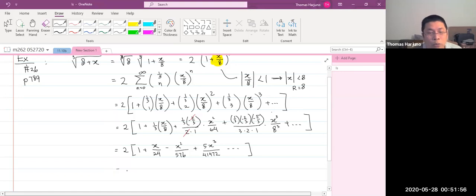If I multiply the 2 in, that would be 2 plus x over 12 minus x squared over 288. Okay, and then plus 5x cubed over 20,736. And on.